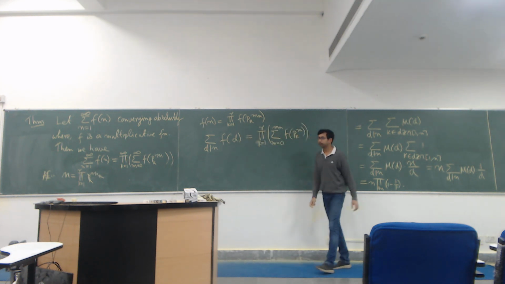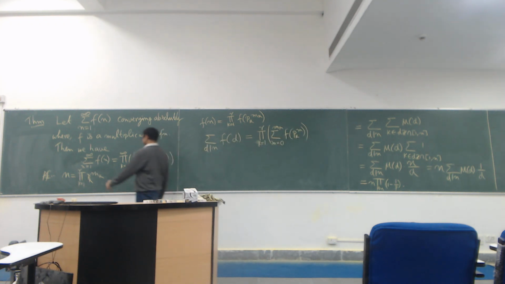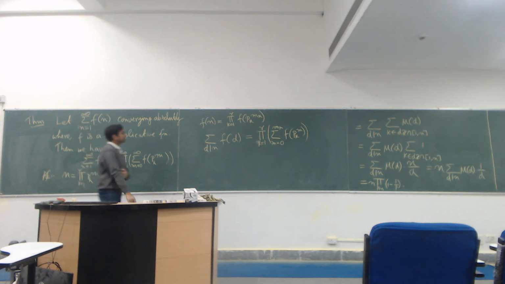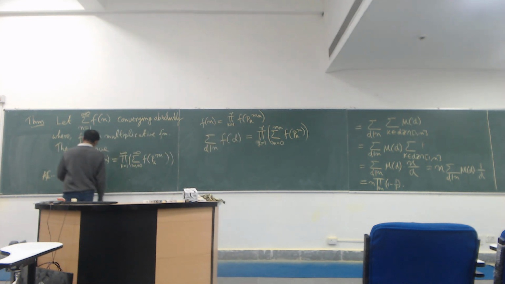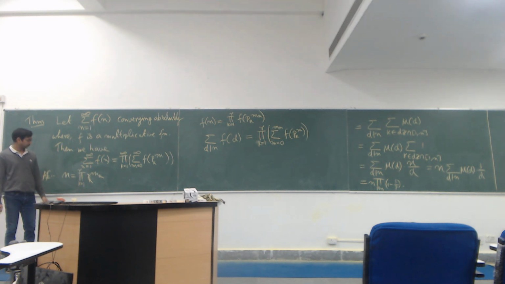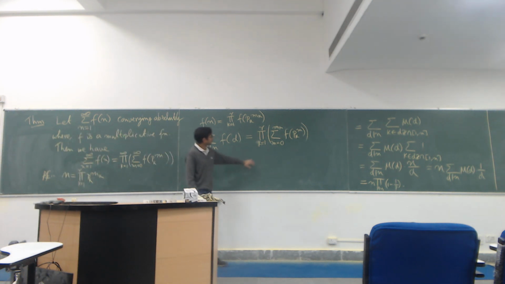Now you take the sum inside because it is a multiplicative function. n was this product of pk to the nk, so any of its divisors d should be of the form of a product of pk to some power which is less than or equal to nk. So all of these are captured in this product.